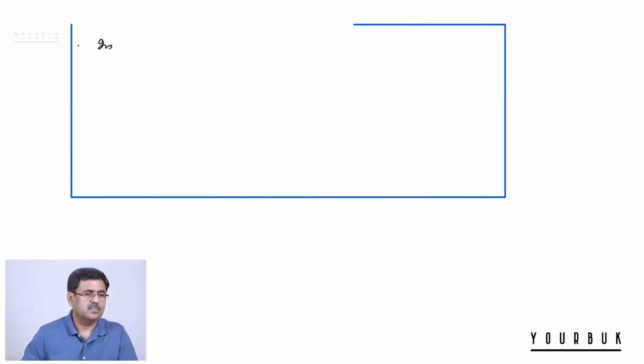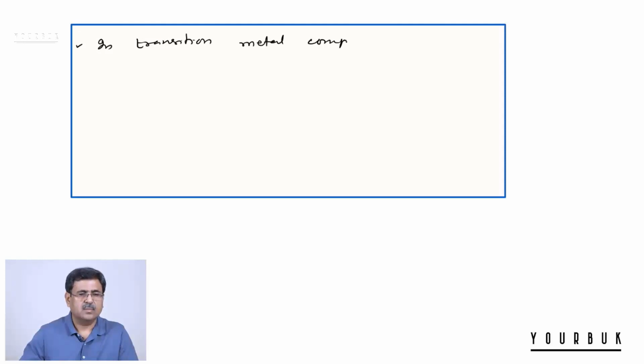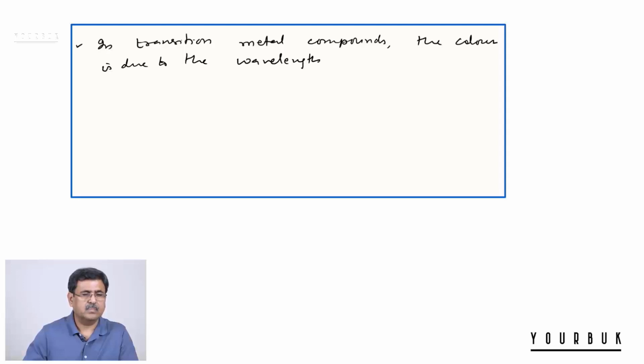Now in transition metal compounds, the color is due to the wavelength of the complementary light in the visible region.